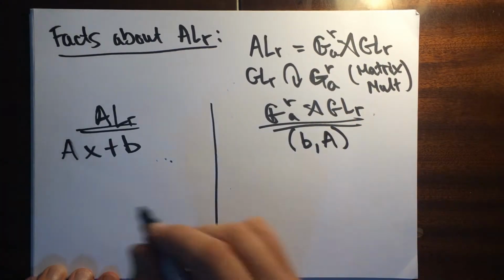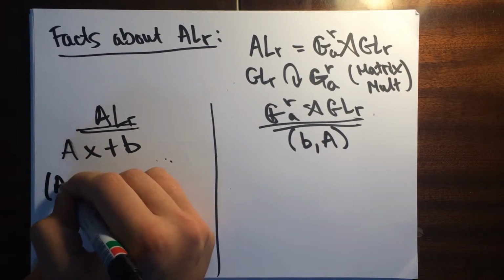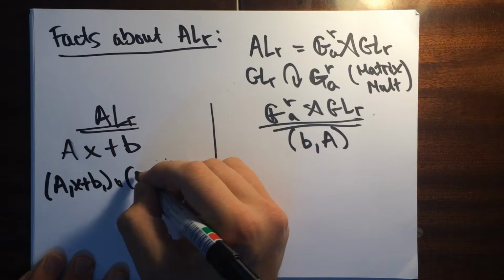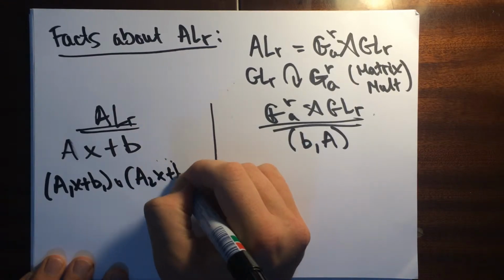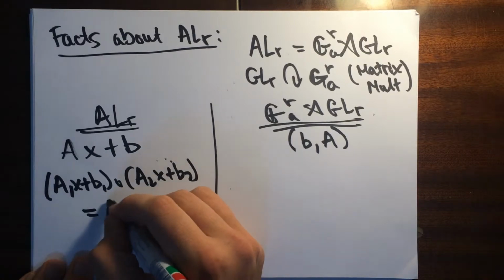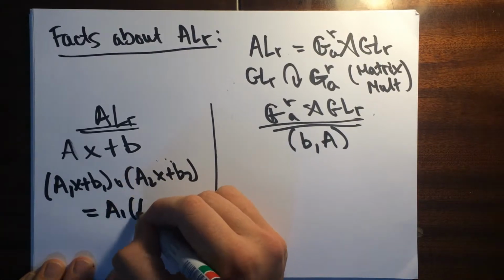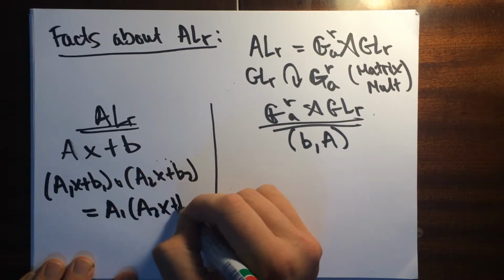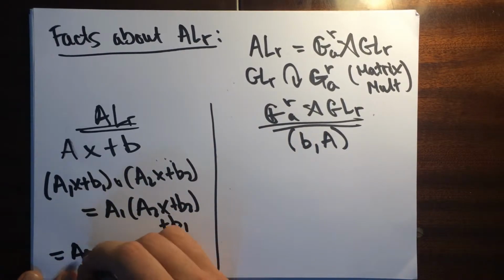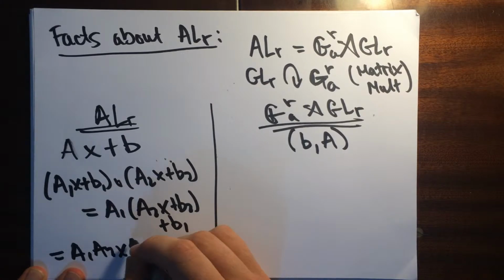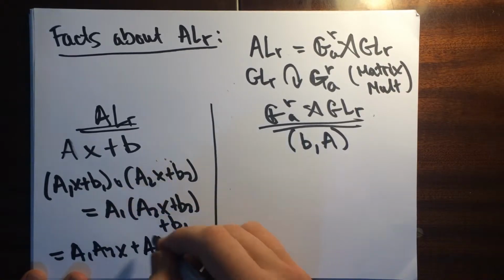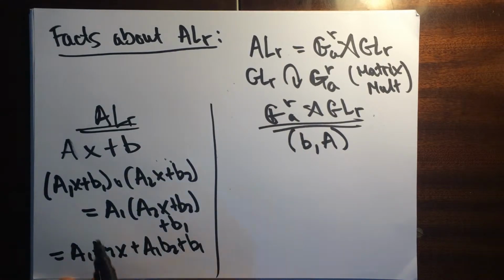Here we have composition: A1x plus B1 composed with A2x plus B2. This is equal to A1, and then we plug this whole thing in, A2x plus B2, plus B1. And so this is equal to A1A2x plus A1B2 plus B1. I just distributed this whole thing, and this is what the group law looks like.